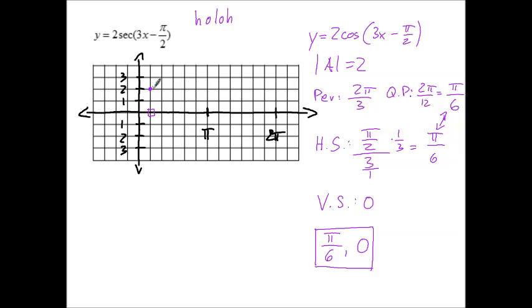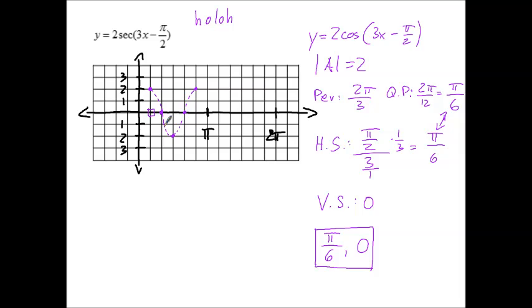And now we're going to move 1/4 period, which is just 1 box down to get to 0, another box to get to the low point at -2, another box to get back to 0, and another box to get back to our high point. And here we have our cosine function.